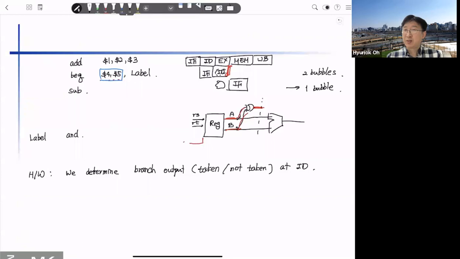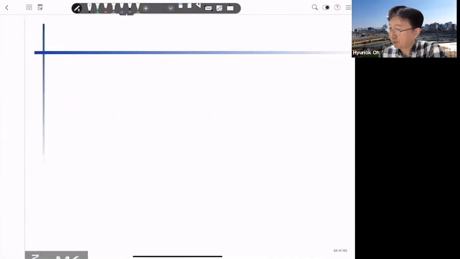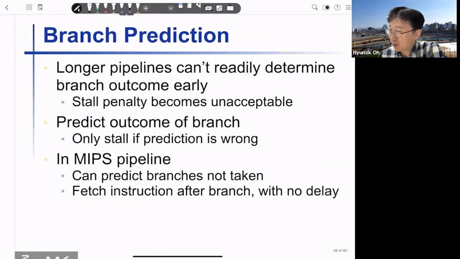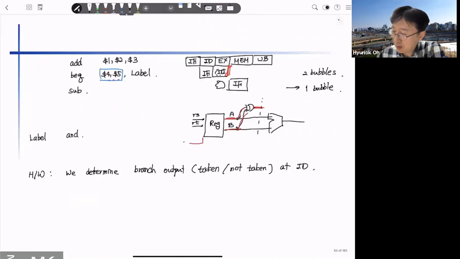First, we are just using the simple way, okay? So simplistic way. We will learn about some fixed approach. So we will use some branch prediction mechanism. Branch prediction.